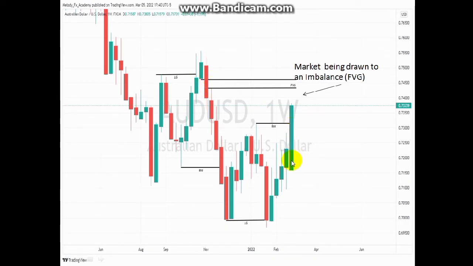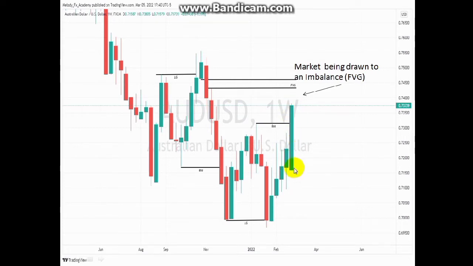With that in mind, that alone has given us a directional bias that we should be expecting bullishness in the new week, which is this week that we are currently in. Although this weekly candle has closed, we know that this week was bullish.